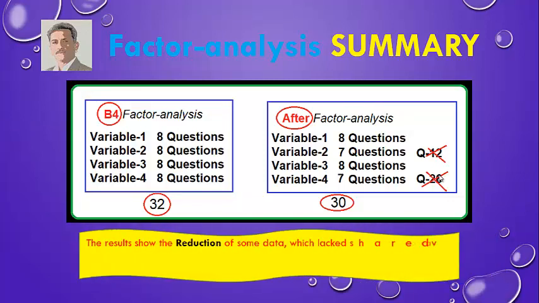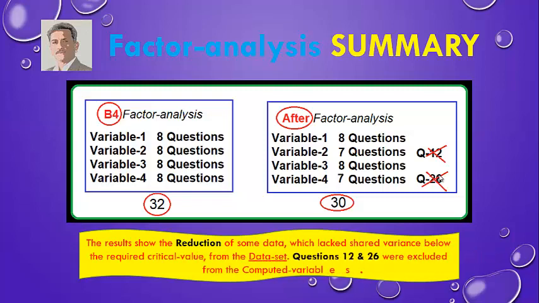The results show the reduction of some data which lacked shared variance below the required critical value from the data set. Questions 12 and 26 were excluded from the computed variables in the sense that the computed variables were recomputed to accommodate the suggestions by factor analysis as to which of the items or questions are not making statistical contributions toward the underlying or the latent variable of the research.